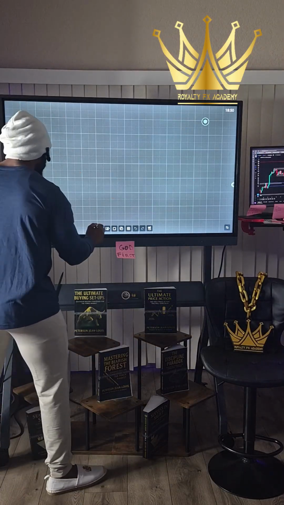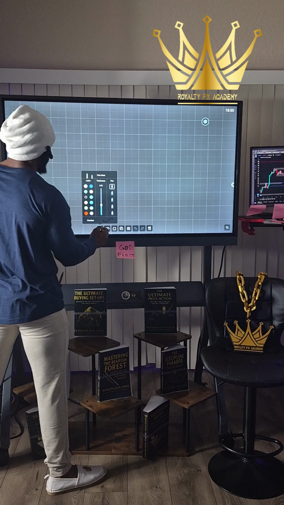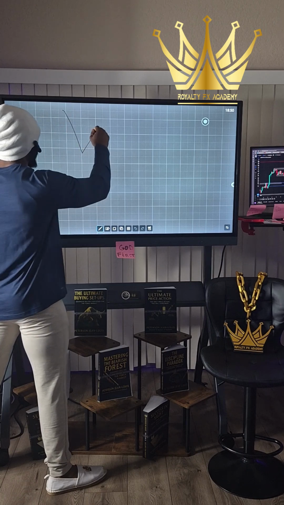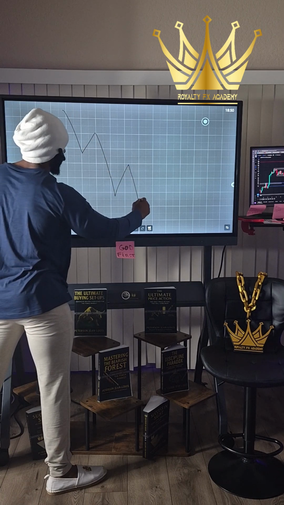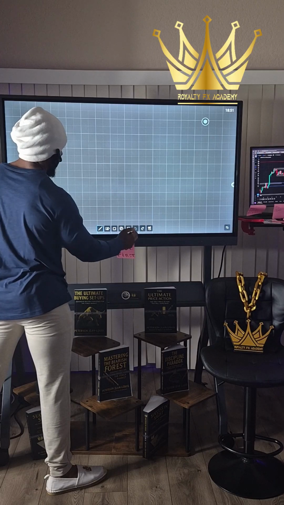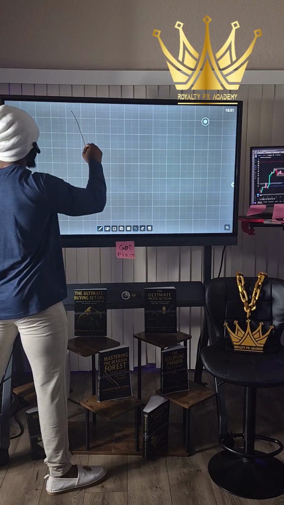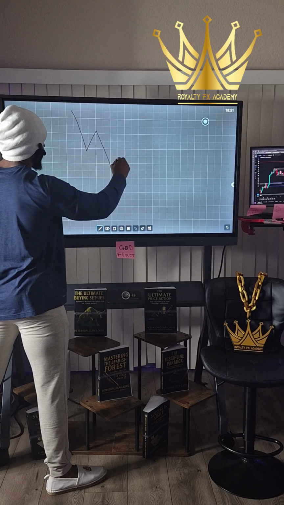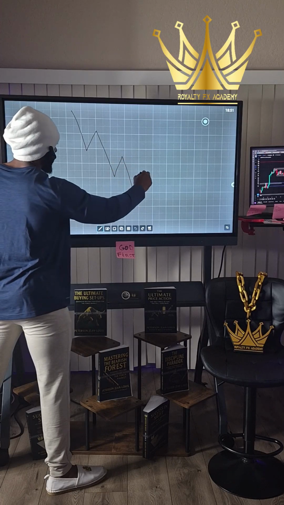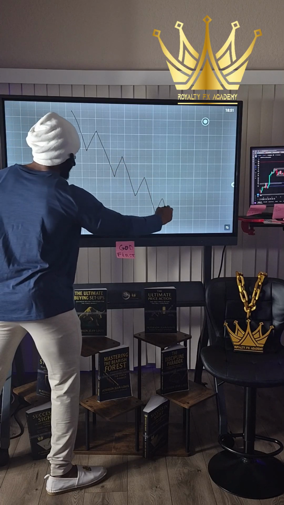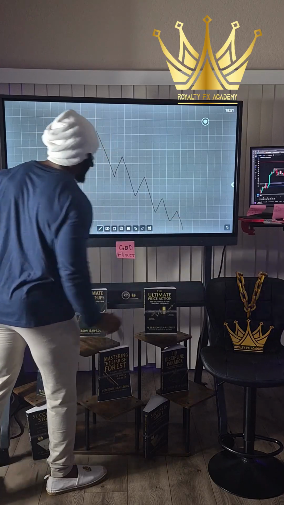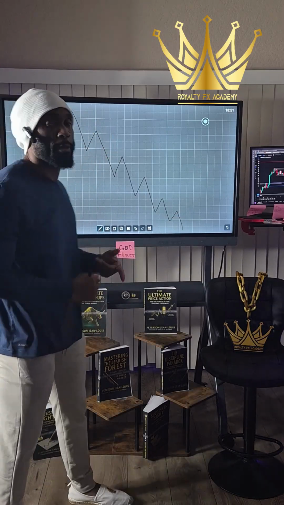So this is zones, downtrend zones. Okay. I want to put a little bit more in there. This is downtrend zones. When I teach, I don't teach supply and demand.